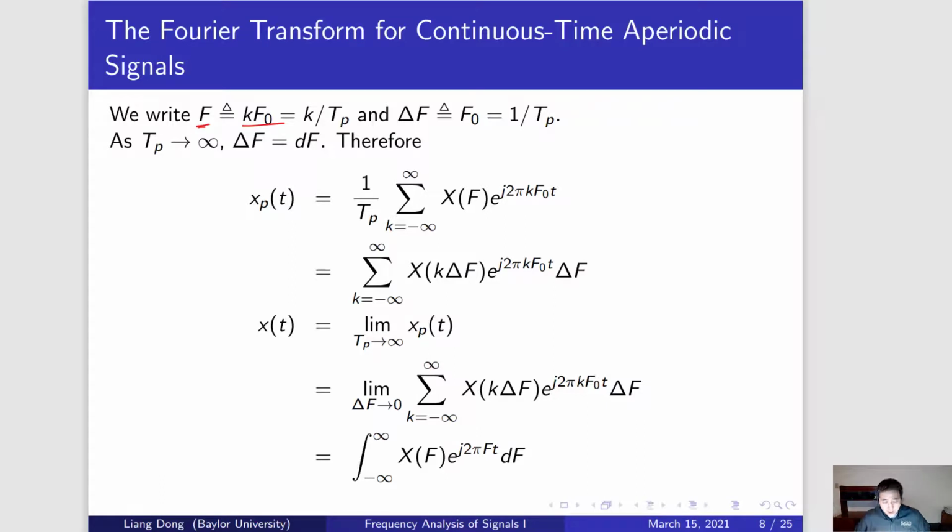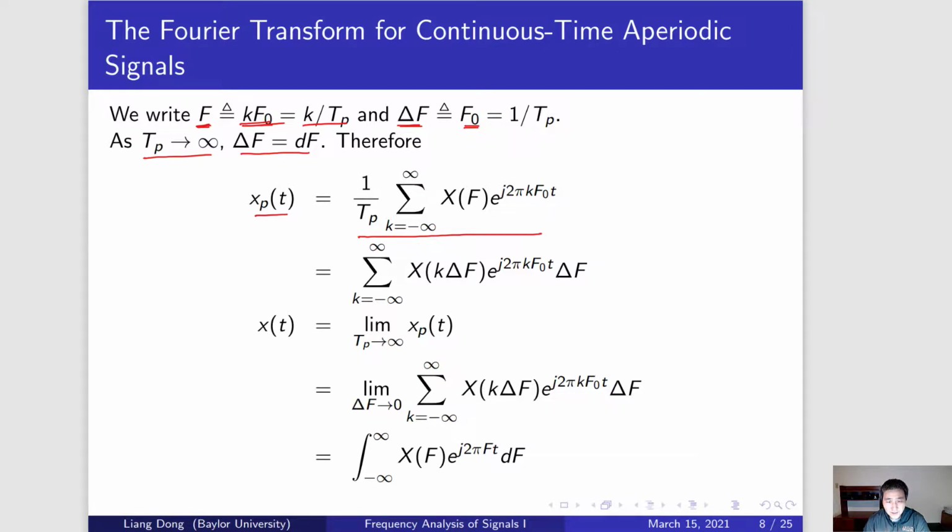With these three changes, now we can write: we define k f0, it becomes my continuous variable f, which is also k over t sub p. Delta f, defined as f0, we know is very small, and eventually we make that an infinitesimally small number, df. Also, we have this period which becomes infinitely large. Therefore, my periodic signal, x sub p, can be written in this format: we have 1 over t sub p times a weighted sum.